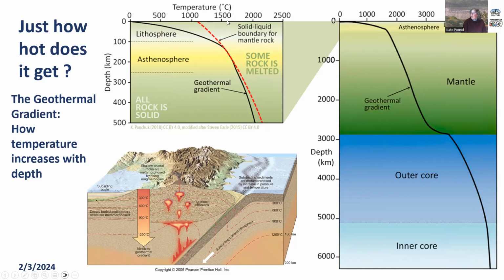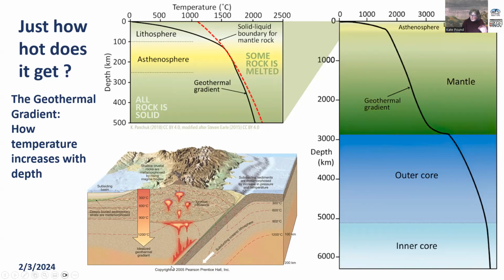And then the temperature does not increase as much below that as you go down. And here we're looking at the bigger picture for the geothermal gradient as you go all the way to the inner core. Now, how does this mesh with what the temperatures are actually like at a subduction zone?